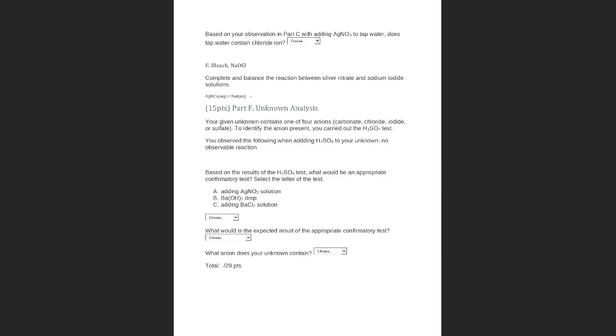So everything is given, and then the last part is the unknowns, and it says you observe the following when adding sulfuric acid. So you will use in that part the table 3, depending on which reaction, what did you observe. It says, okay, in this case, no observable reaction.